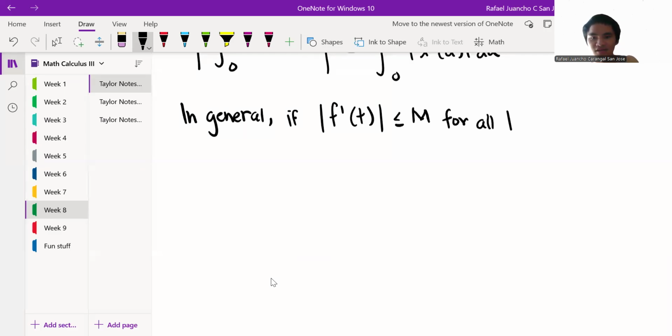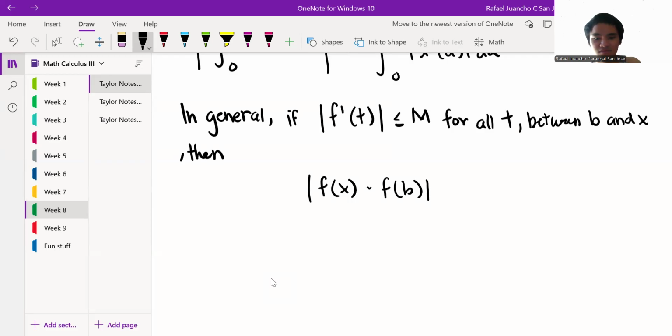And this applies to all t between b and x. I don't know where b and x come from. We're probably going to see it. Then we have this sort of inequality here: the absolute value of f of x minus f of b is less than or equal to m times x minus b.